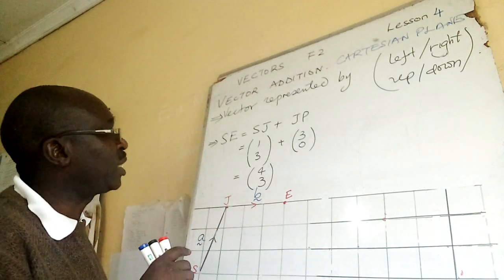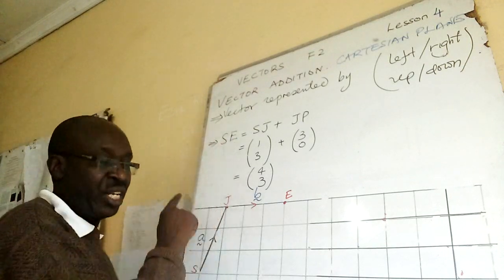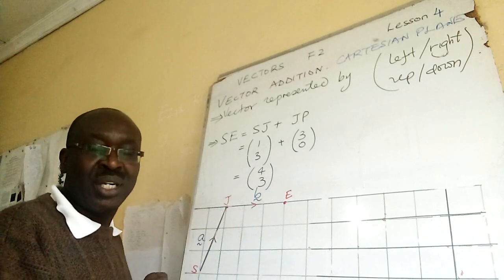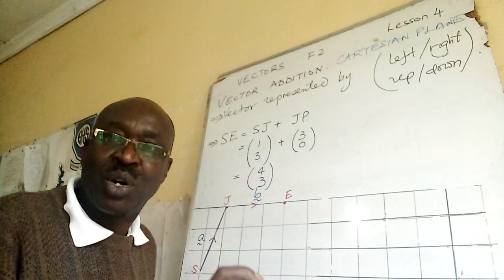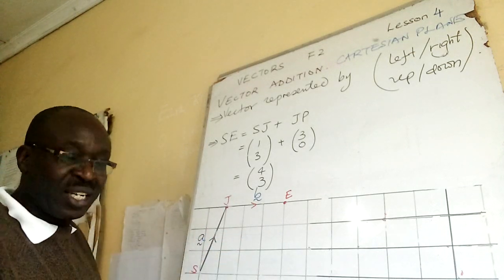So let us look at this. I want to move from S to E. In the previous lesson we learned that you have two vectors, okay?